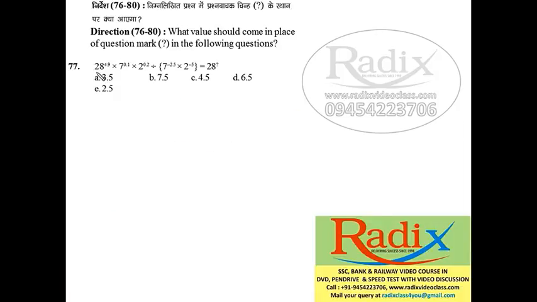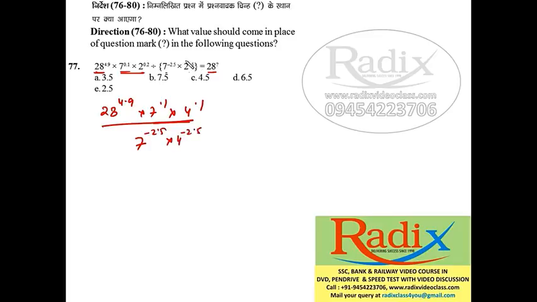In this case we have 28, then 7, then 2, then 7, then 2, and 28. So we'll make all these values 28. So this is 28 to the power 4.9. We can write this as 7 to the power 0.1, and this we can write as 4 to the power 0.1. So this would be 28 to the power 0.1, and divide by 7 to the power minus 2.5 and 4 to the power minus 2.5.